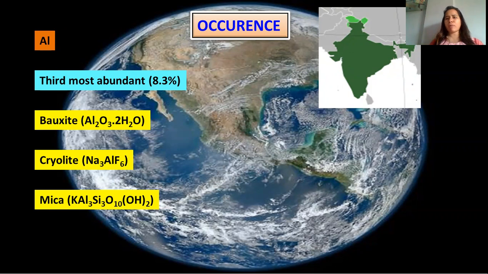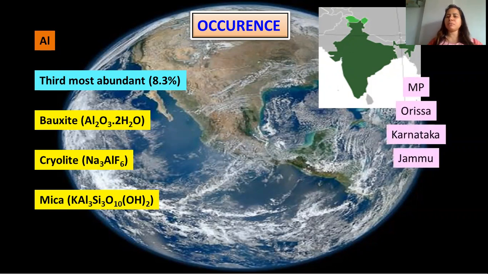So just remember for bauxite and cryolite. You can see bauxite has the formula Al2O3.2H2O. Cryolite has Na3AlF6. So you can write down that in the occurrence. Aluminium has third most abundant element and bauxite and cryolite are the ores of aluminium. Moving ahead to the next element. You can see aluminium is found in Madhya Pradesh, Orissa, Karnataka and Jammu.